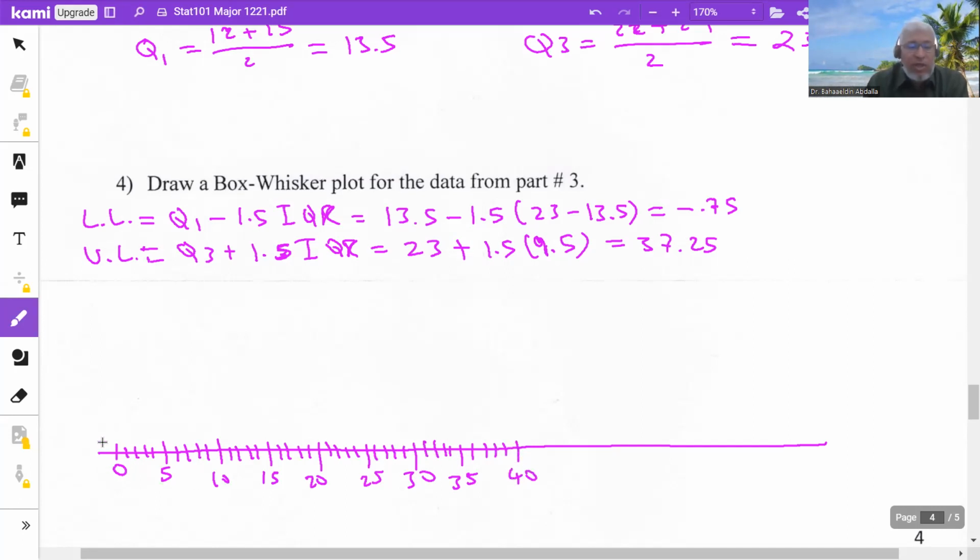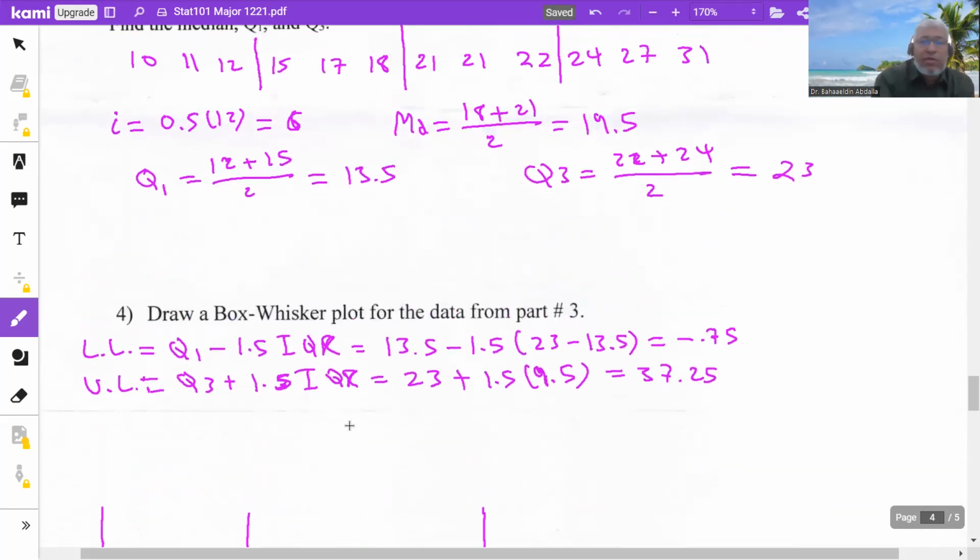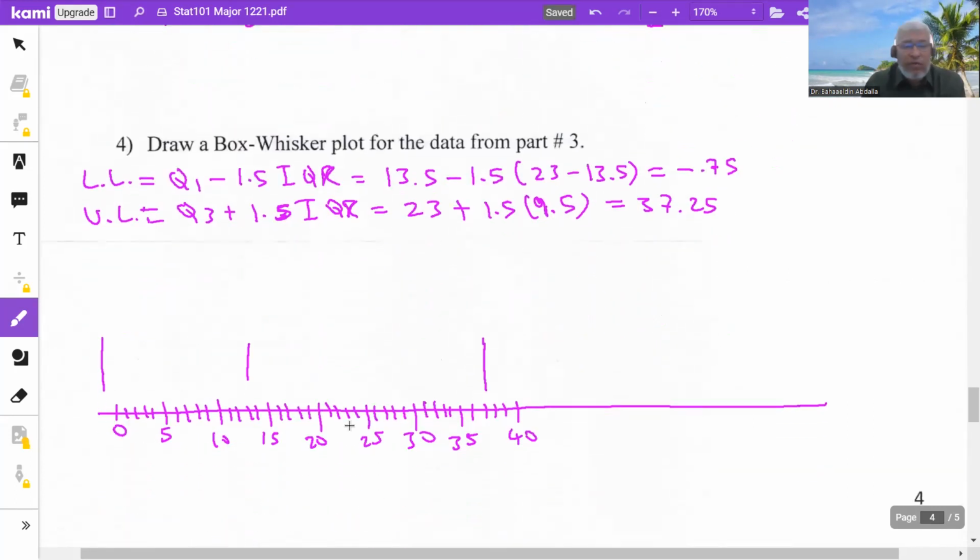So negative 0.75 would be somewhere here. So this is the lower limit. And 37.25 would be somewhere here. So this is the upper limit. While Q1 is 13.5. So this is Q1. And the median is 19.5, which is this one.